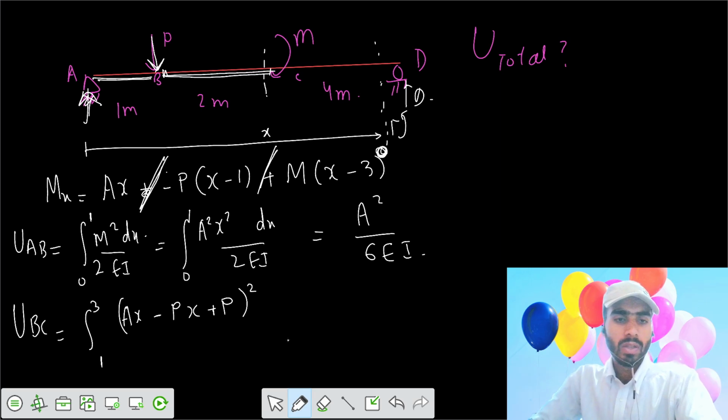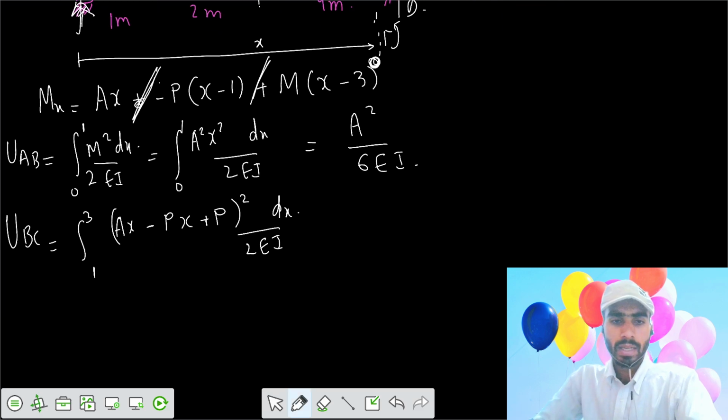Then you square it, with dx by 2EI, and keeping it as x minus 1, you solve that.